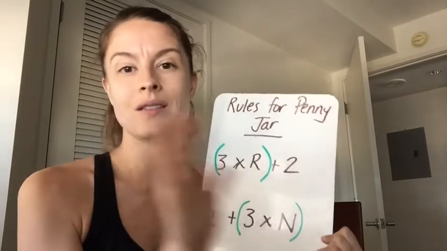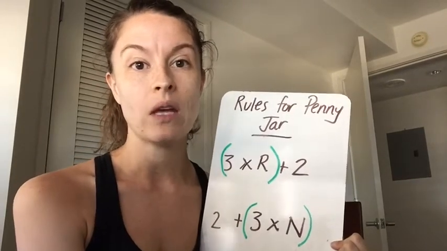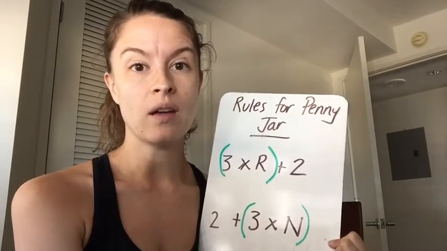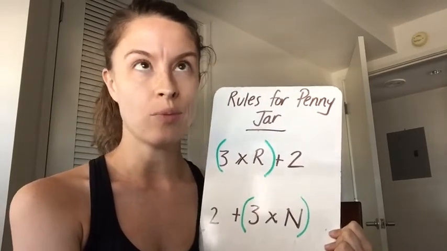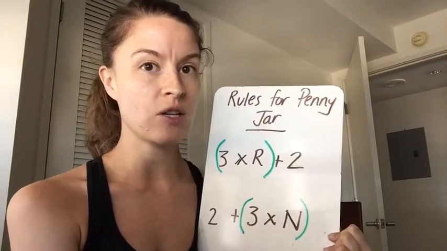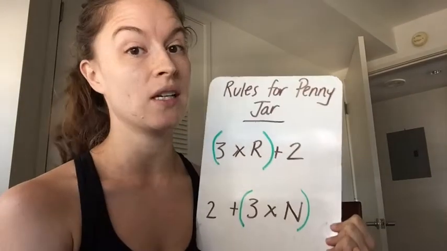So that's why it's good to stay away from those two letters when you are doing this kind of equation, where it's called an algebraic equation, but it's an expression to represent a situation.